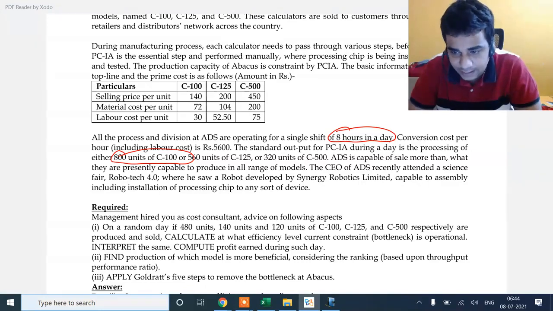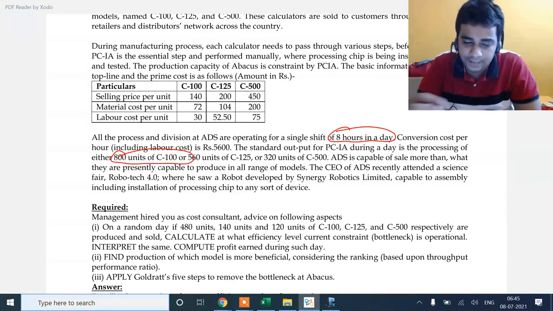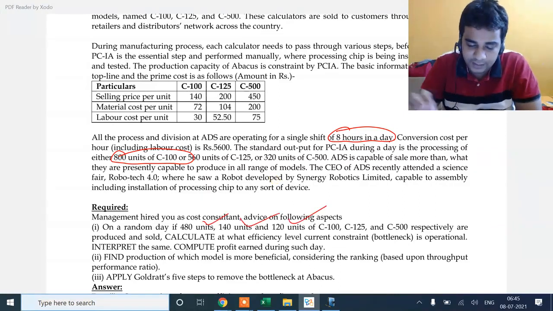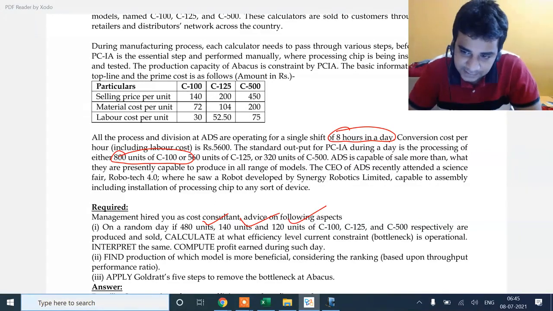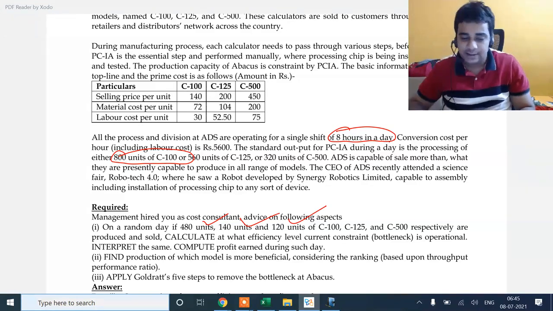You can end up producing any of them, either 800 units or 560 or 320 or a combination. On a random day, they got 480, 140 and 120. They want to know what is the capacity utilization. Did you utilize 100%, 120%, 140%, 160%, 80%, 60%? What percentage did you use?